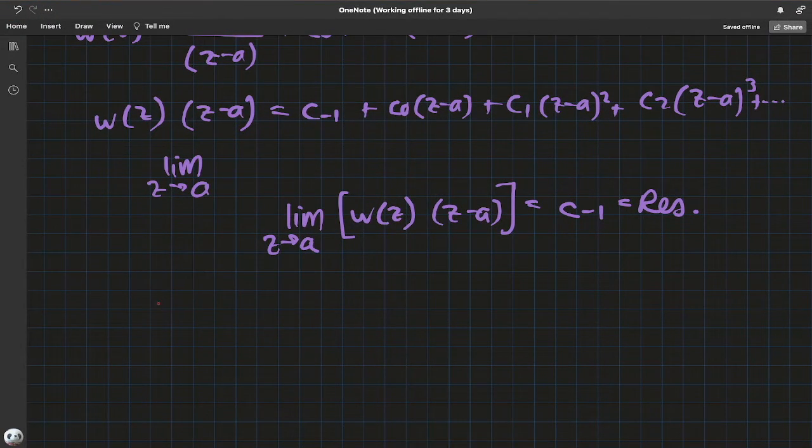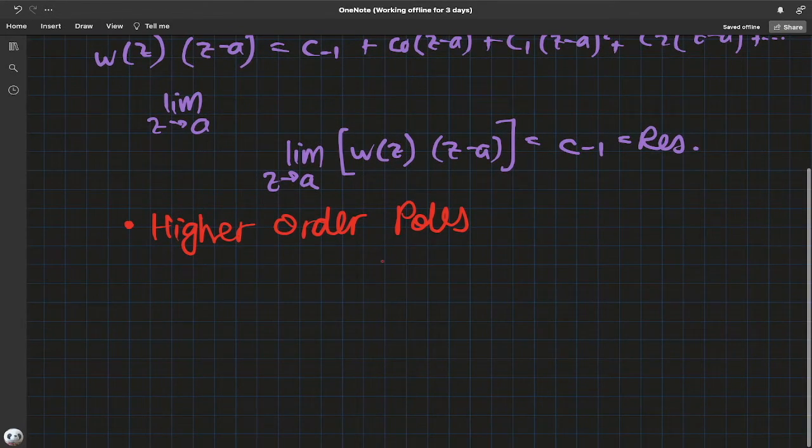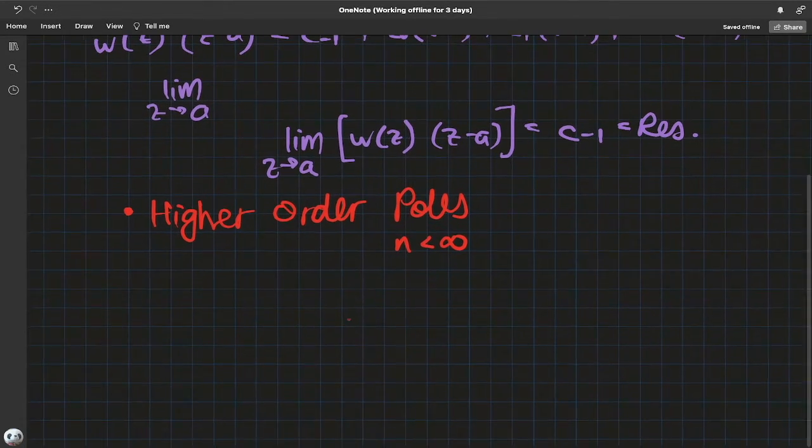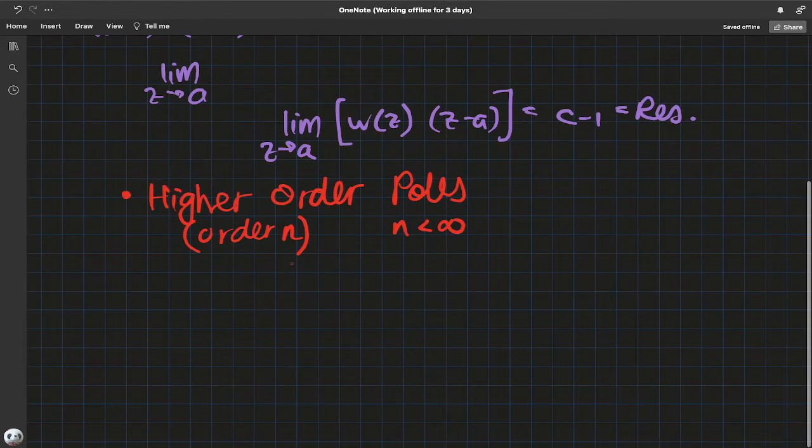Okay, to generalize this approach, again consider a pole of order n. That's why the order has to be finite, otherwise it's not even a pole.